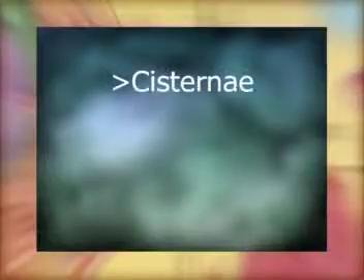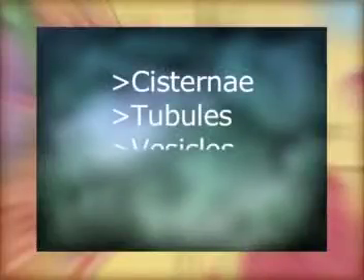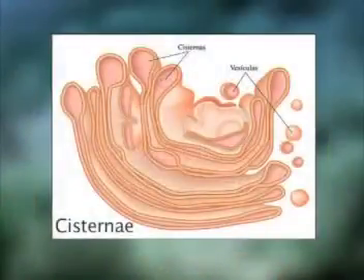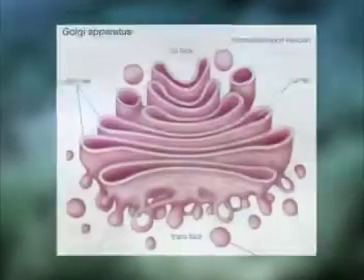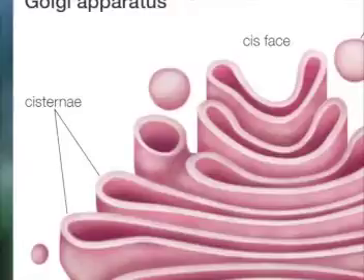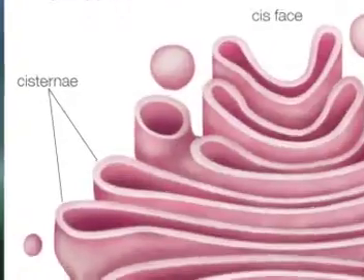The Golgi possesses 4 types of components, that is cisternae, tubules, vesicles and vacuoles. Now, first of all, let's discuss briefly about cisternae. Cisternae are membrane-bound, curved, flattened sacs which occur in stacks of 5 to 8.